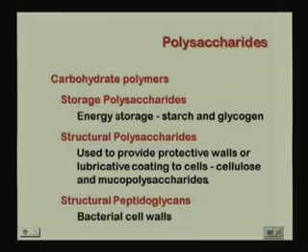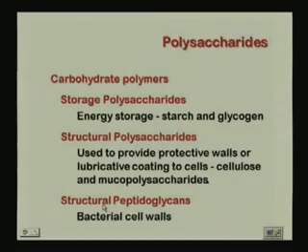The storage type are starch and glycogen. They could be structural, where they are used to provide protective walls or lubricative coating to the cells. This is like cellulose and mucopolysaccharides. We will see an example of each of these as we go along.